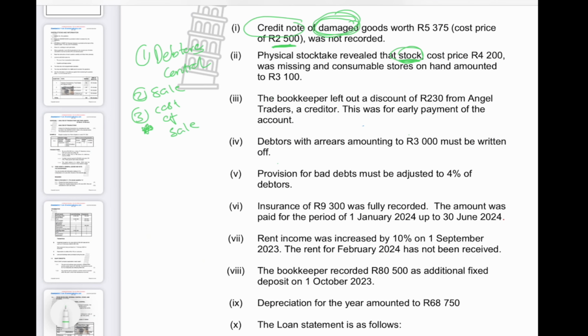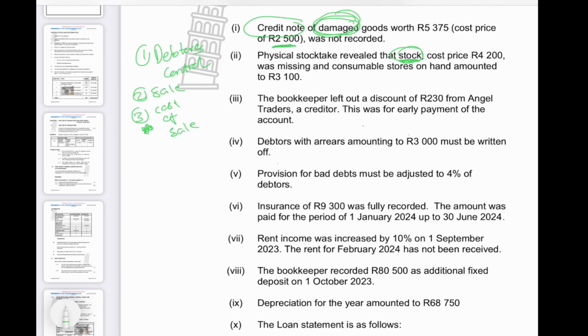Okay, so now they are telling us that when they were doing the physical stock count in the business, they actually found that stock that is worth 4,200 has gone missing. Okay, which means now the stock that is accounted for in our books does not match what we have in the business. So now we have to write off this stock to say that the stock is not in the business anymore.